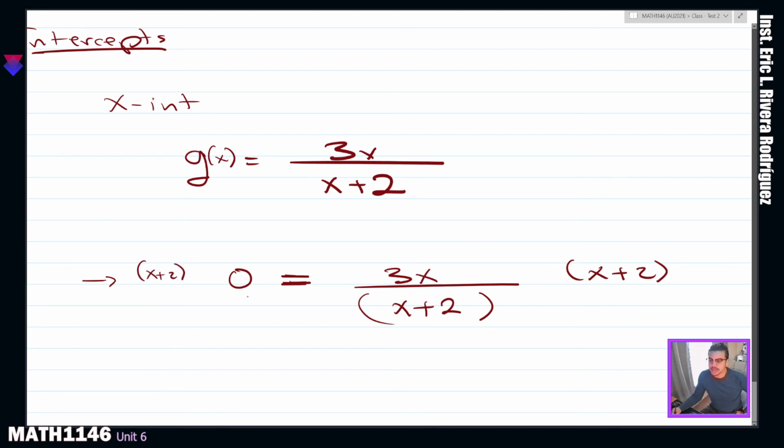But what happened on the left side? There is 0. So at the end, the denominator won't make any difference on finding the x-intercepts.